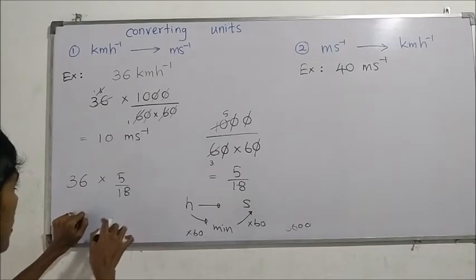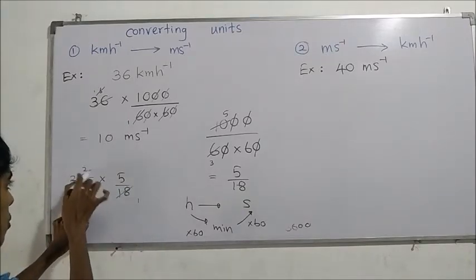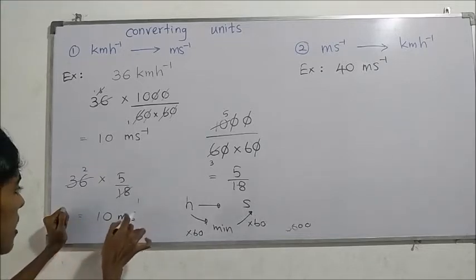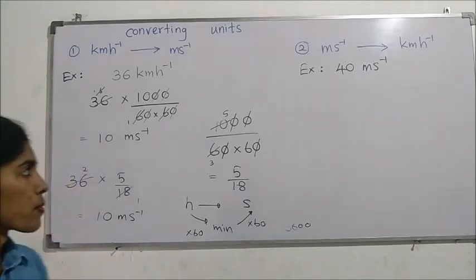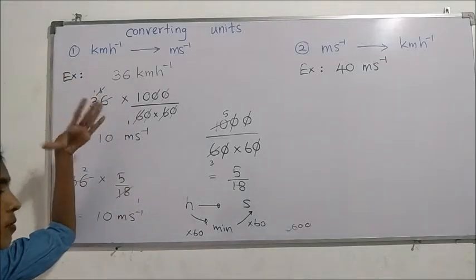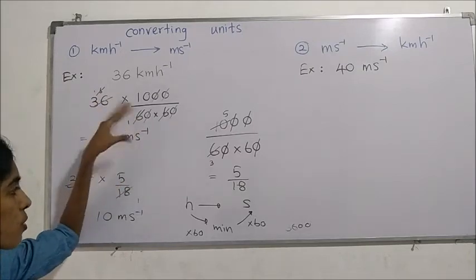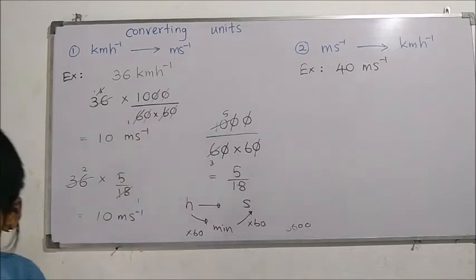You can see that 18 times 2 is 36. So finally we get the same answer, 10 meters per second. Which method to follow should be decided by yourself. I have taught you two methods, so you can follow any method that you want.